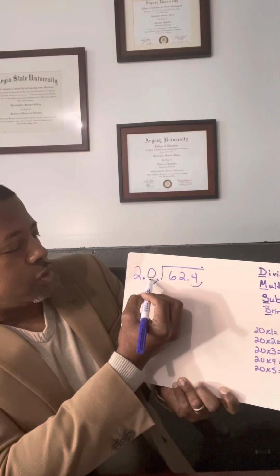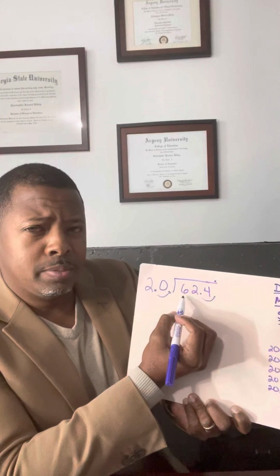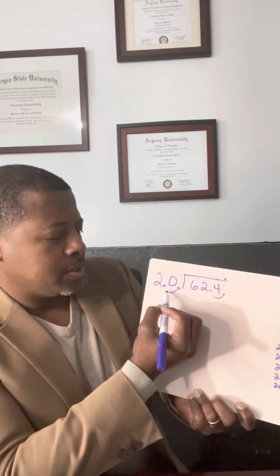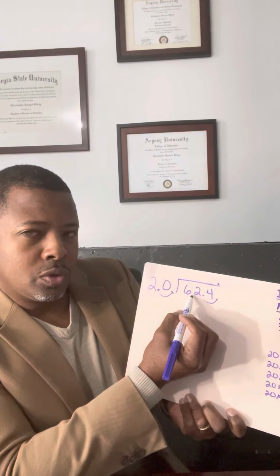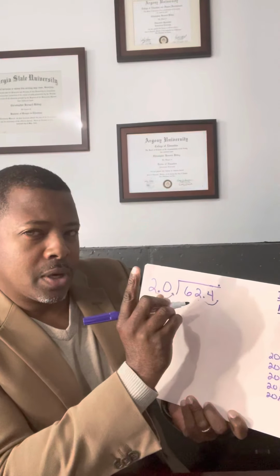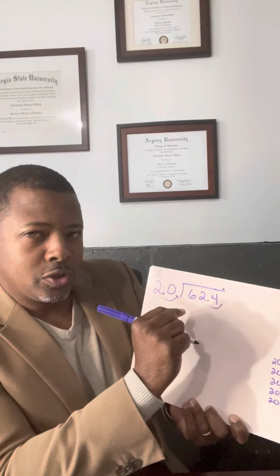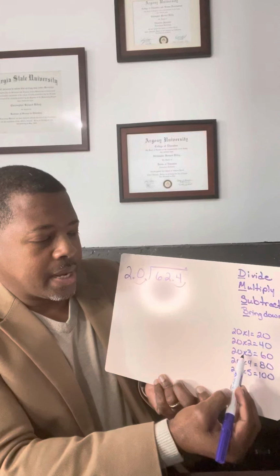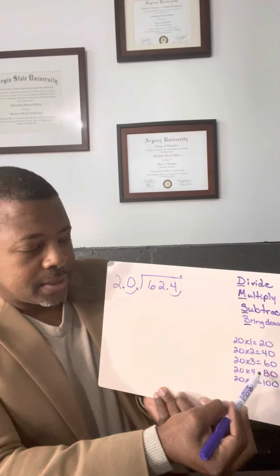So I say 20 can go into 6. No, that's too big. 20 is too big of a number. So now I go to my next number, 20 into 62. I know that can happen because I know that 20 is much smaller than 62. So I see what is the closest I can get to 62.